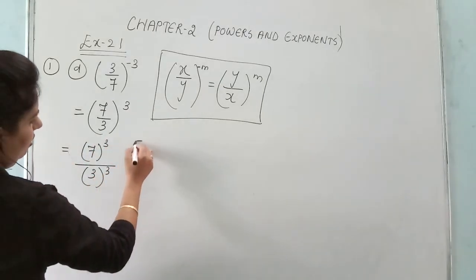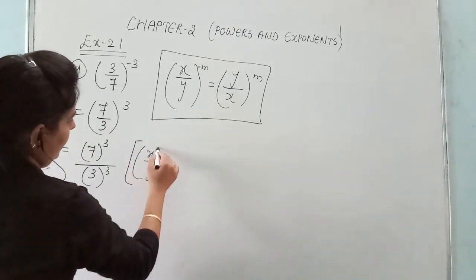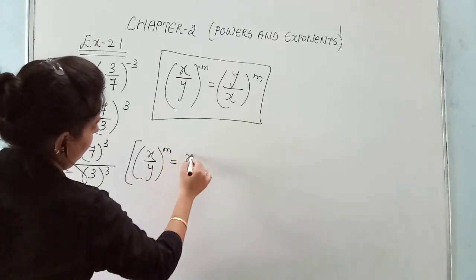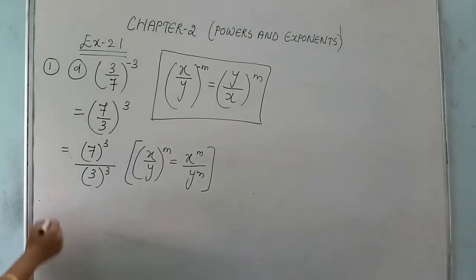By the formula, which formula we have applied here? (x upon y) raised to the power n is equal to x raised to the power n upon y raised to the power n.